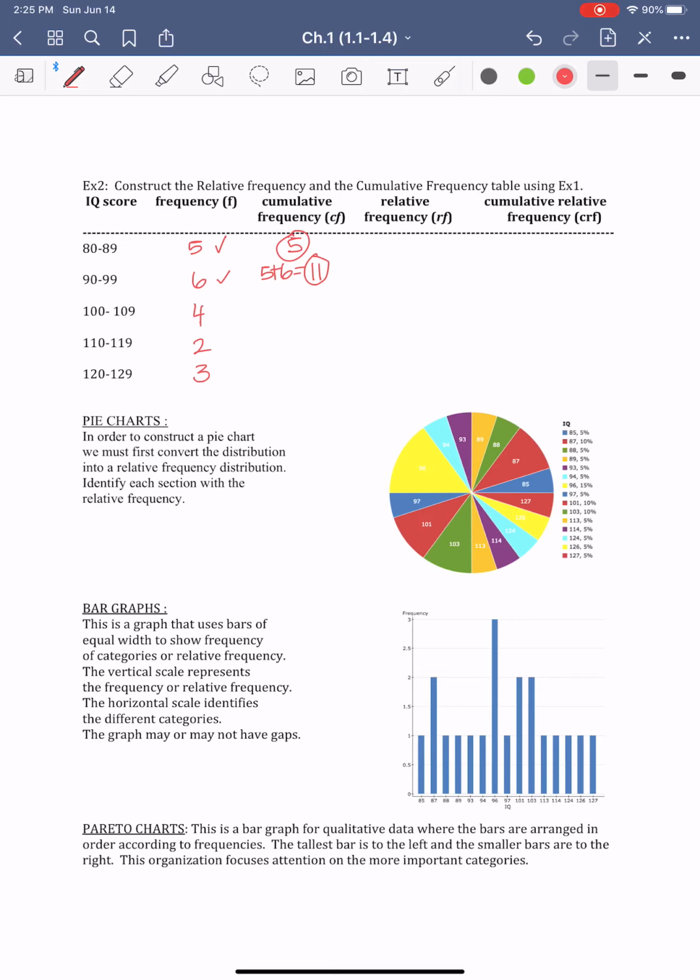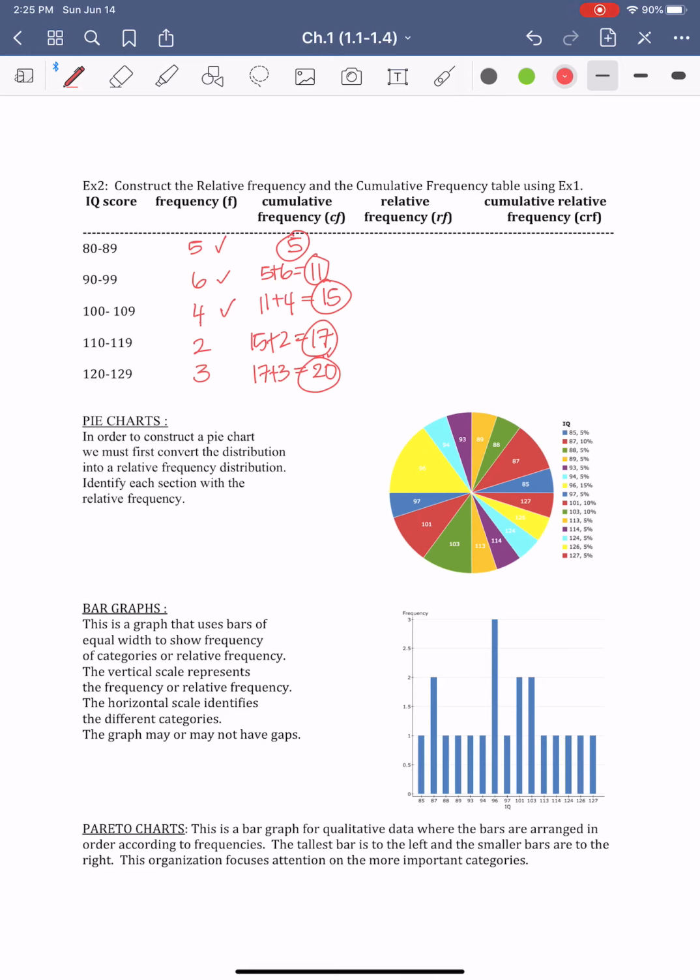Now the next one will be summing up all these, 5 plus 6 plus 4, or 11 plus 4. So cumulative frequency for the class between 100 to 109 will be 15. 110 to 119, you can see the idea. 15 plus 2 gives you 17. Last one, 17 plus 3 gives you 20.